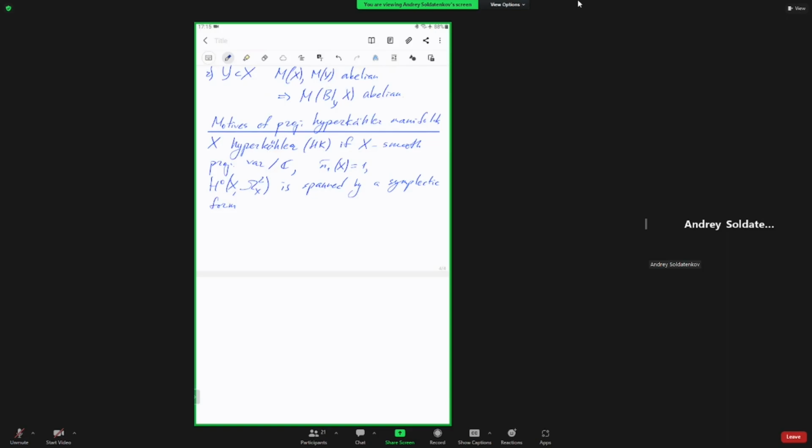So what are the examples? The most well-known example is a K3 surface. So if S is a surface, again, by a surface, I mean today a smooth projective surface over C. Then it is hyperkähler if and only if it is a K3 surface.